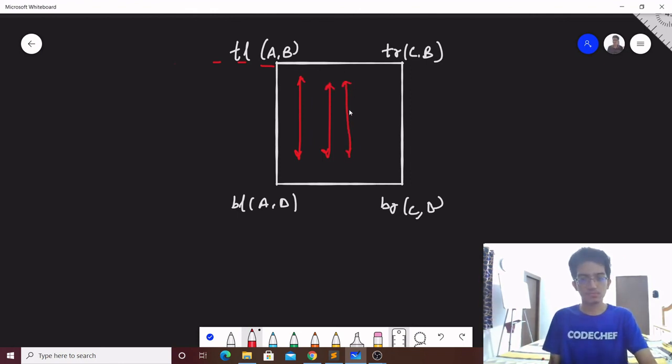The types of snakes that are useless are snakes like these, right? Even this is a useless snake. This is also a useless snake. But the types of snakes that are useful are either like this or this. These are the useful snakes.